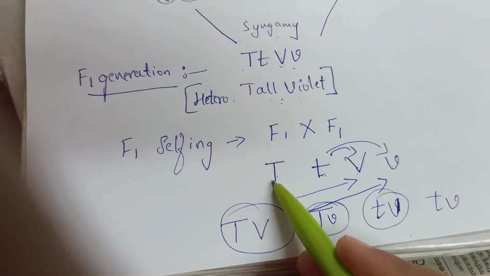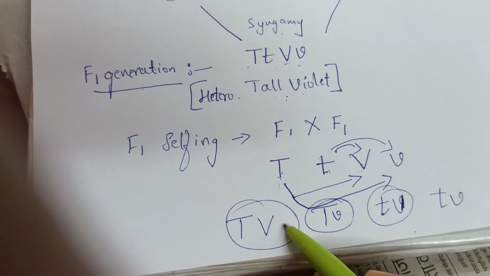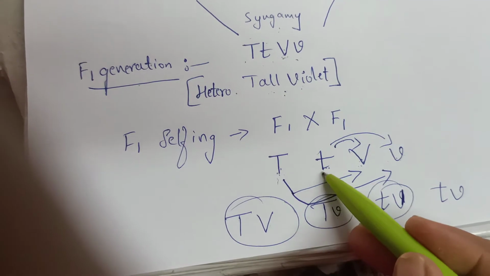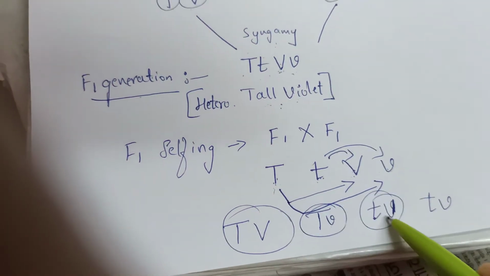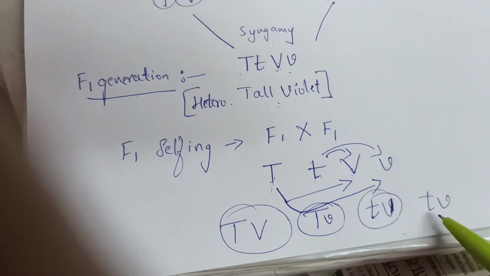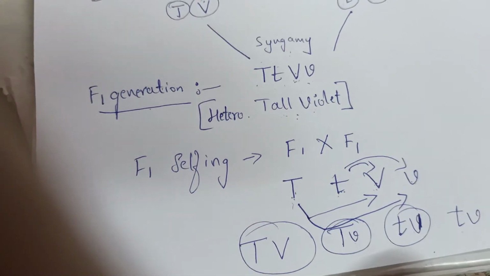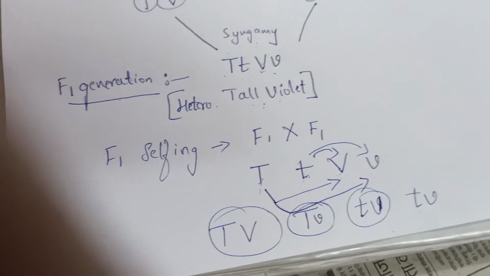Just you need to multiply capital T once with capital V, that is TV, and capital T once with small v, capital T small v. Then same thing, small t once with capital V, small t once with small v. So here are the gametes for doing crossing in the next step.